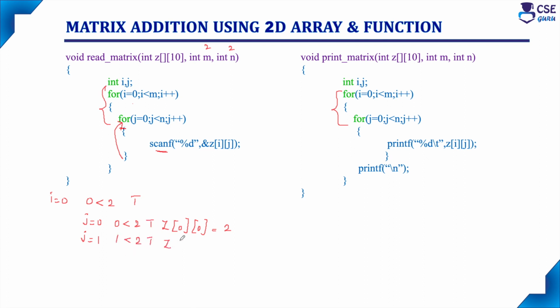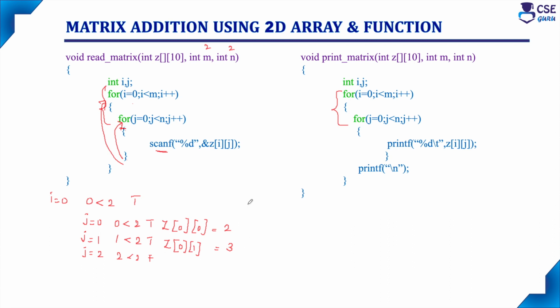Then z of i value is 0, j value is 1. At the 0, 1 position, it will store some value. For example, I have given 3. Okay. Again control goes to the inner for loop. So here j value is 2. Check the condition 2 less than 2. Condition fails. So now this inner for loop will exit. Control goes to the outer for loop.